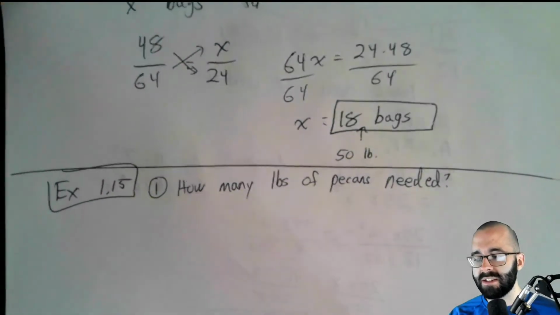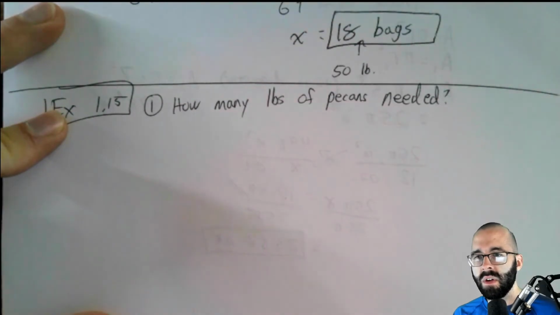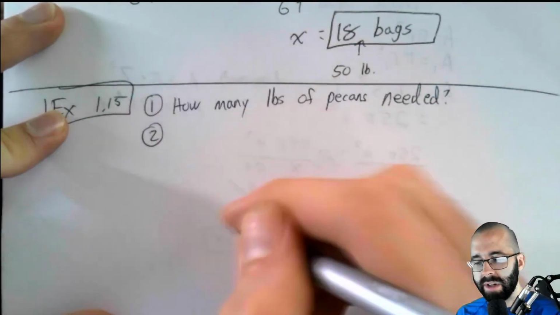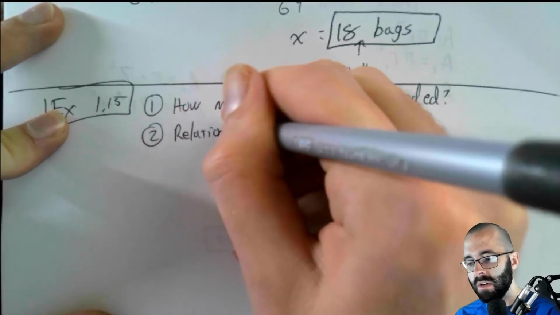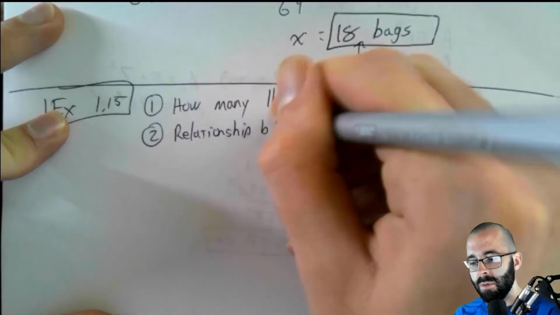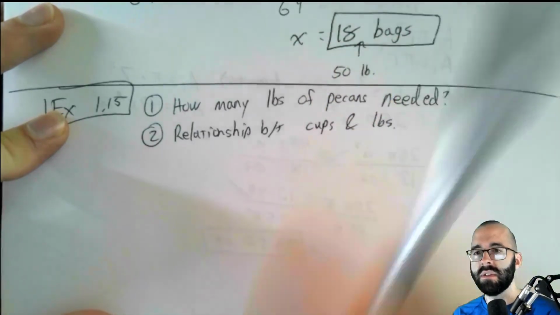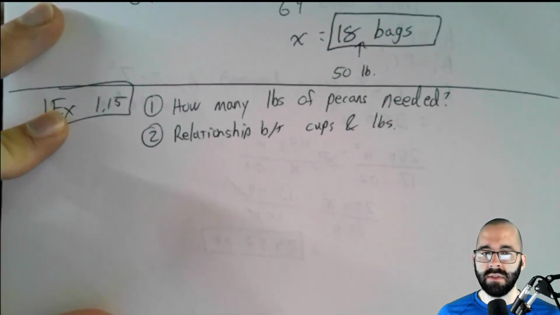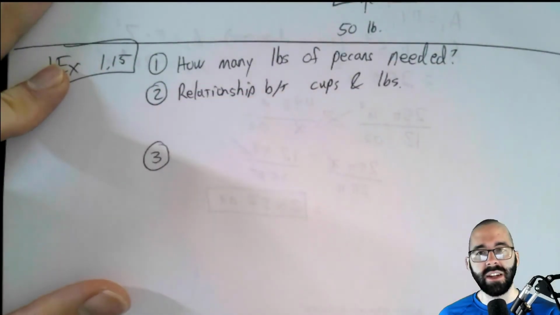What are we being asked to do? Step 2. What information do I need? Well, I need the relationship between cups of pecans and pounds. Is that it? Maybe. If there's other things, let's leave a little blank. Maybe we'll think of other things that we need.